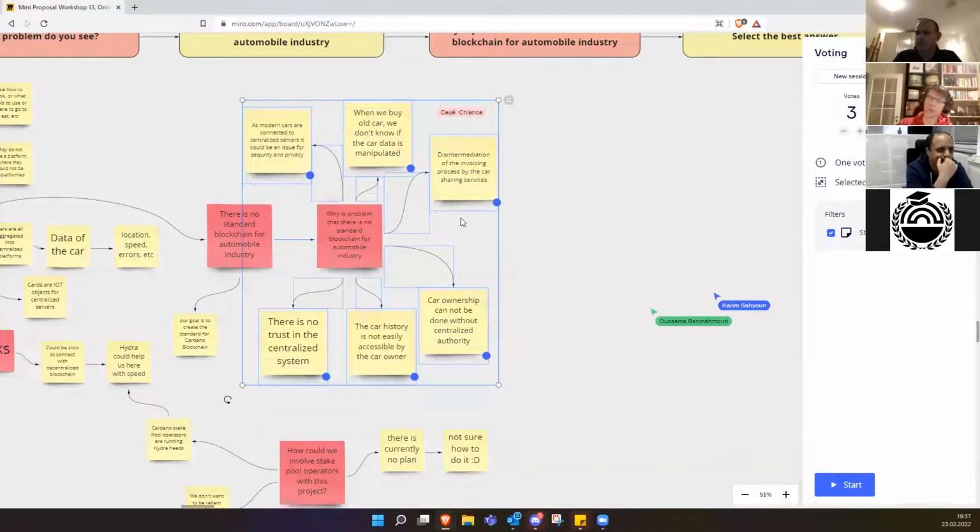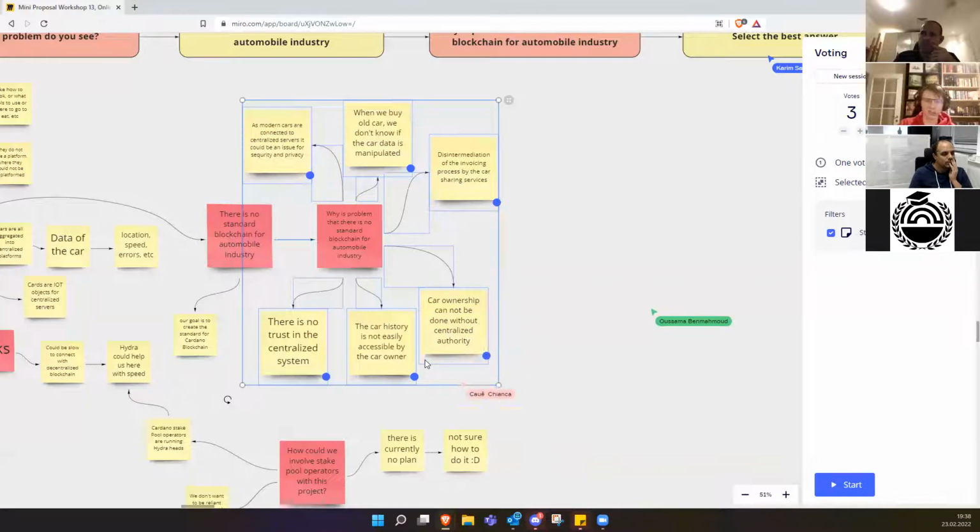For this mini proposal workshop to work, I know you want to keep the full proposal and solve everything, but here we are scoping down to a specific problem and then giving a specific solution for that problem. Then you build modules on top of the platform, so you start with something like an MVP. What we are voting for here is what you think is the first thing you would need.